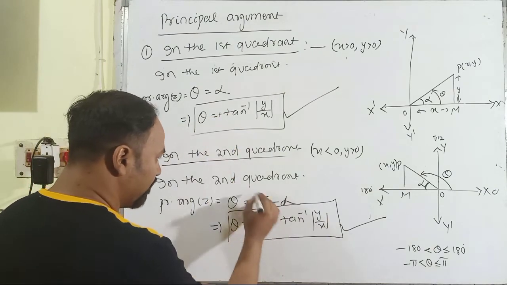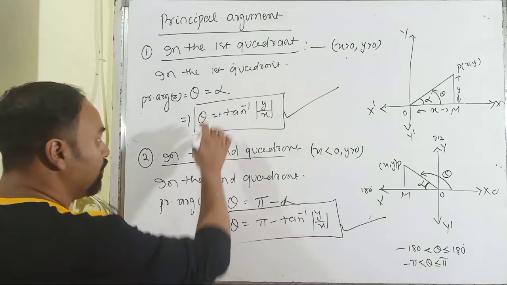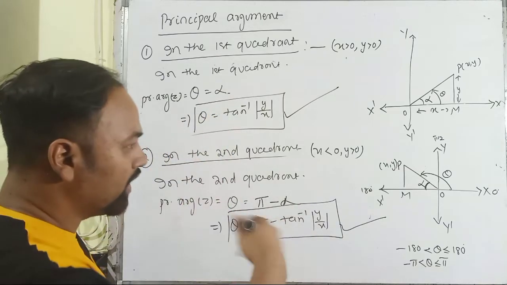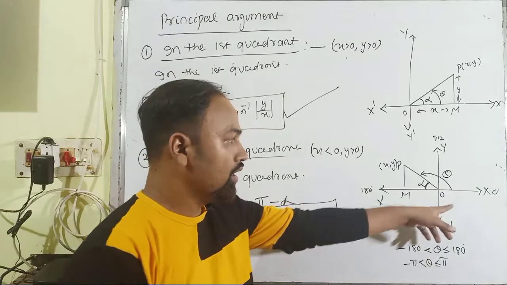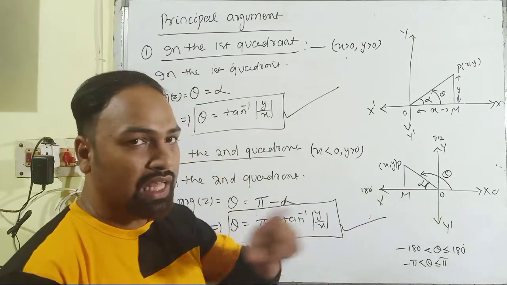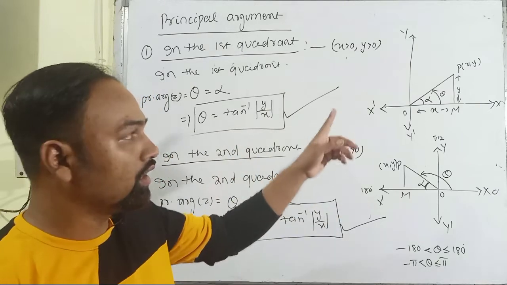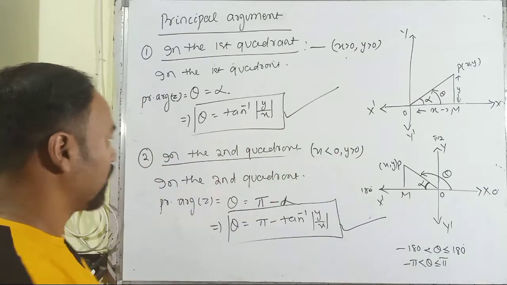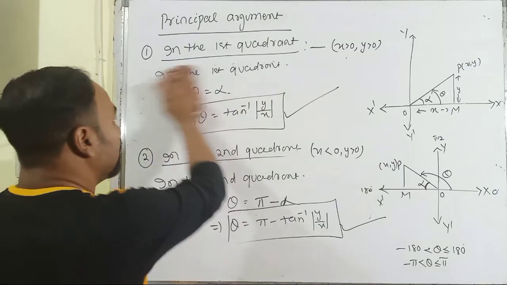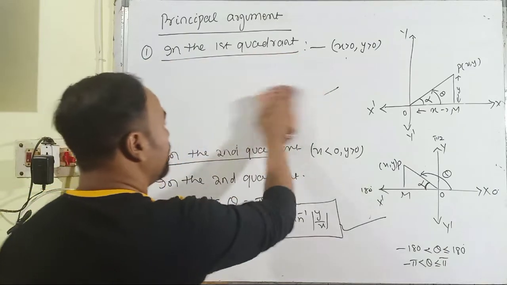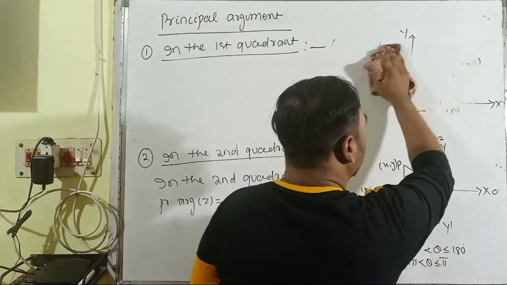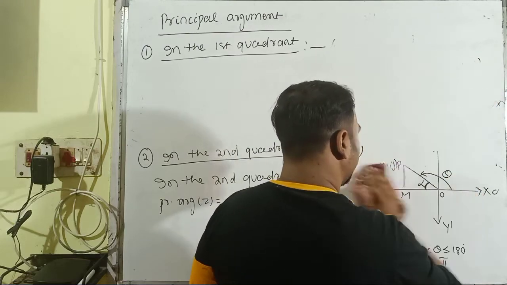But if you consider or measure the angle theta in the clockwise direction, then we have to put a negative sign, and that will be applied in the third quadrant as well as in the fourth quadrant. So let us study the principal argument of the complex number in the third quadrant and fourth quadrant.